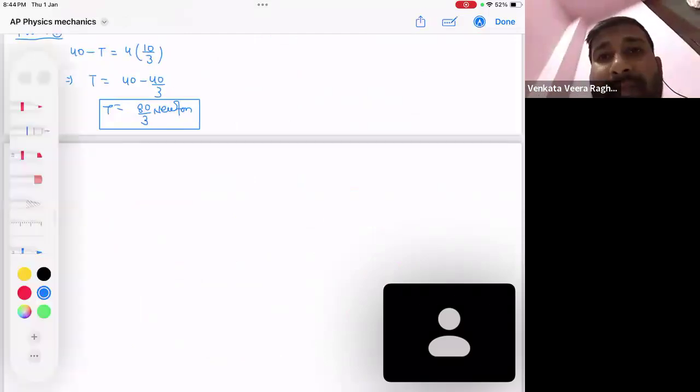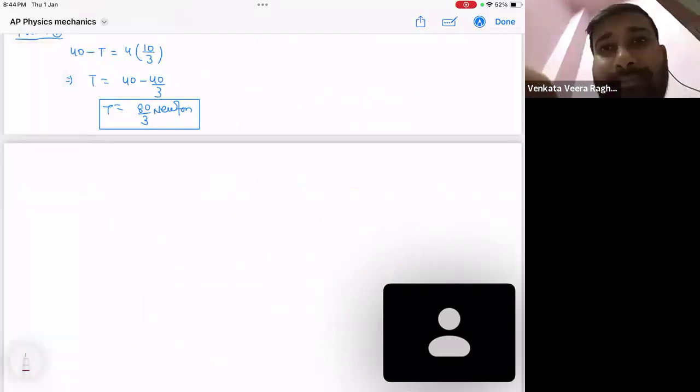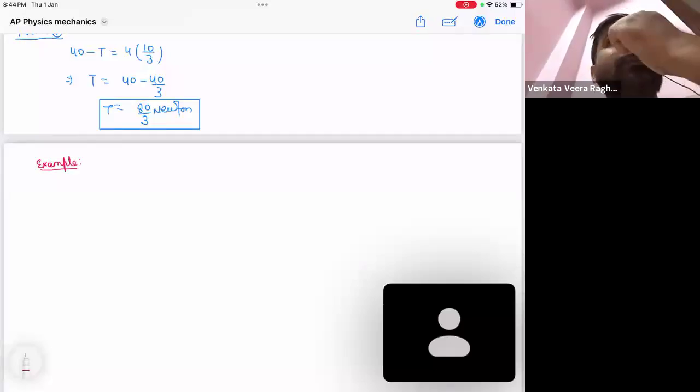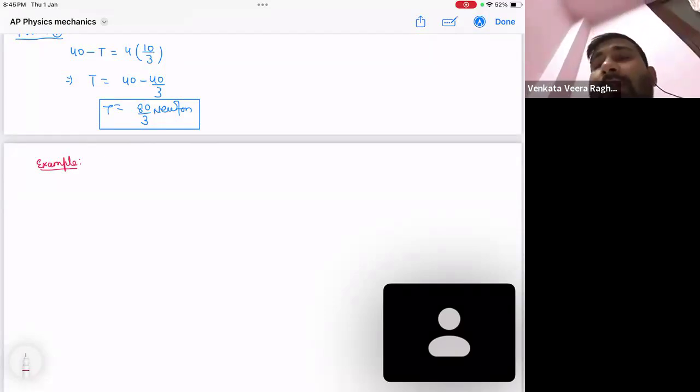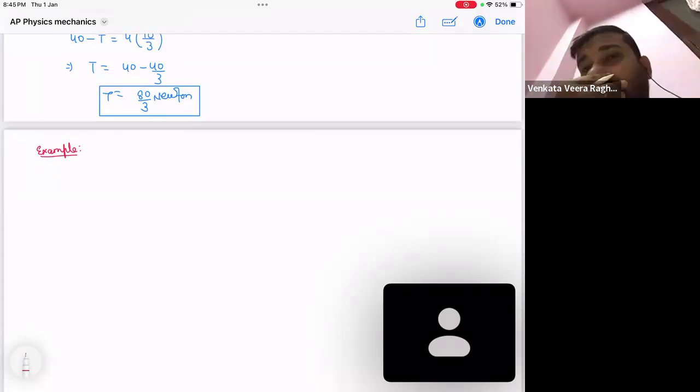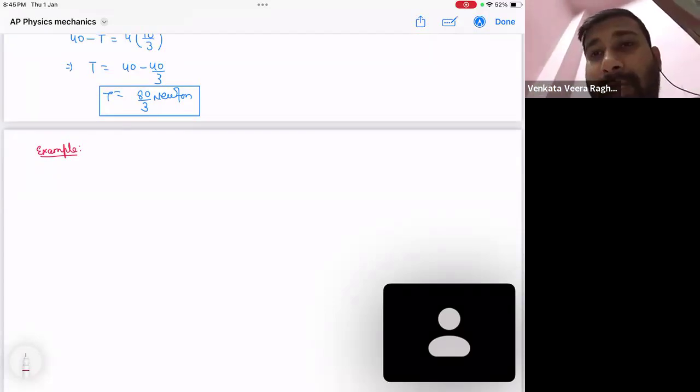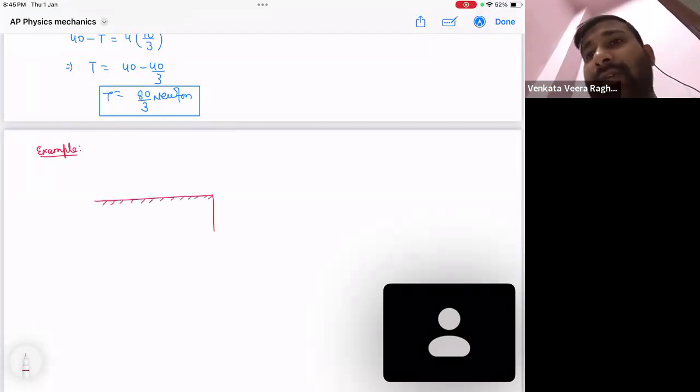In this example, what is given to us? There is a horizontal smooth table. There is one block here connected to another block.